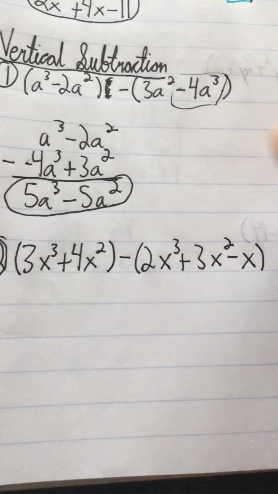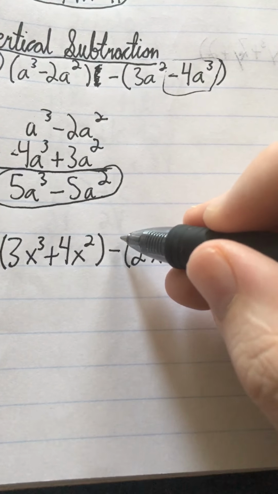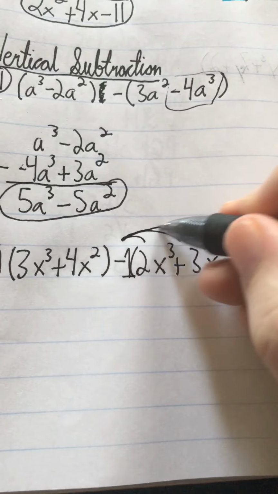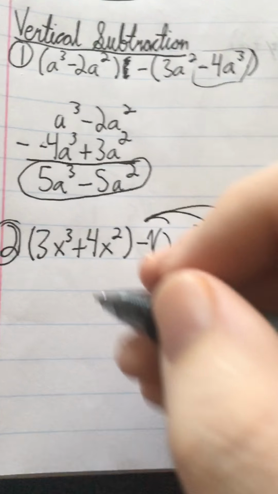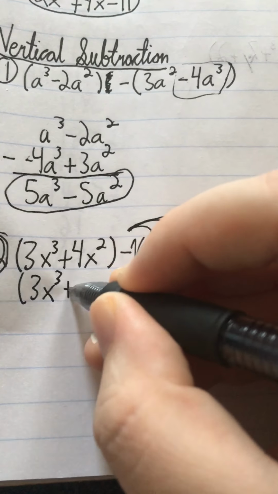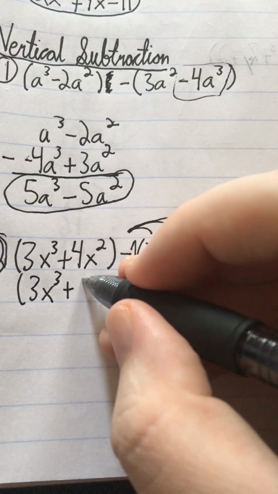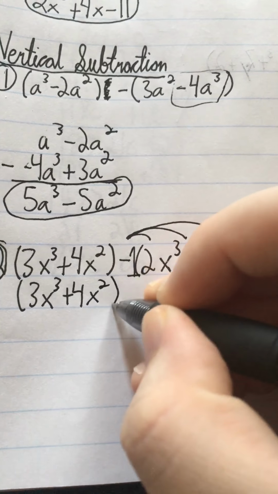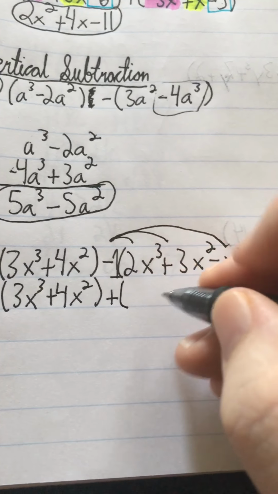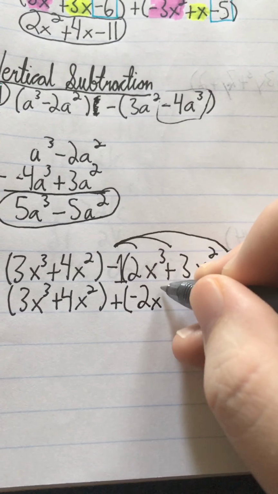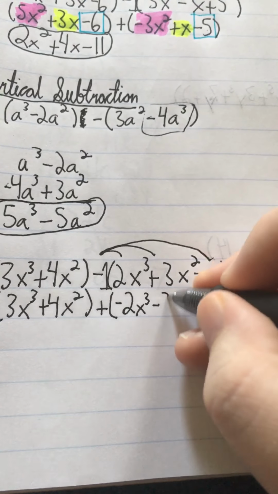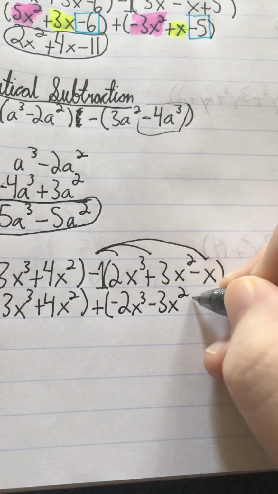I'm going to distribute this -1 again, this invisible 1 that sits here, so that it changes the problem. It doesn't change the value, it just changes the way it's written, to 3x cubed plus 4x squared plus -2x cubed, minus 3x squared plus x.